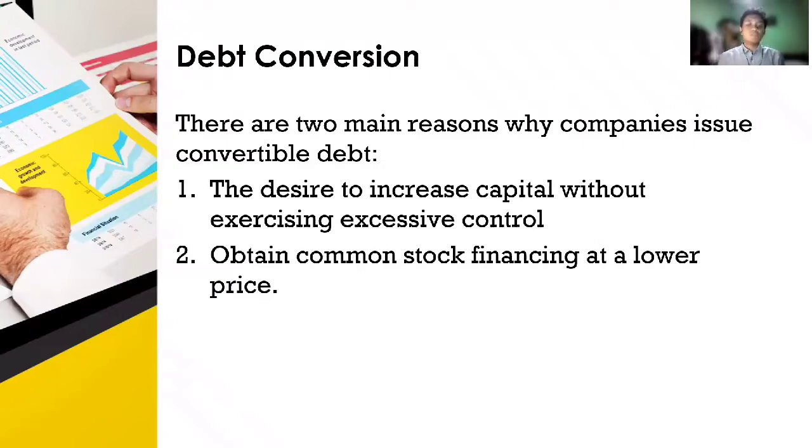There are two main reasons why companies issue convertible debt. First, the desire to increase capital without exercising excessive control and to obtain common stock financing at a lower price.